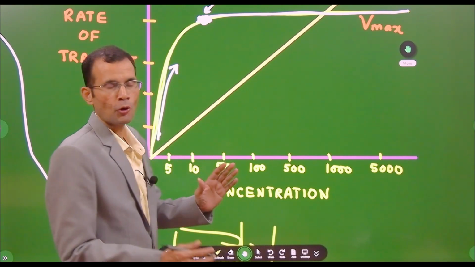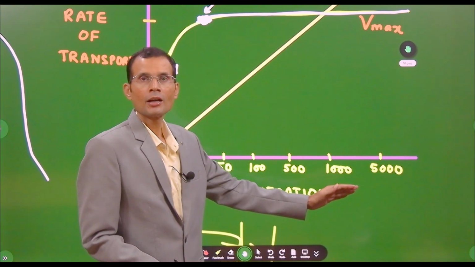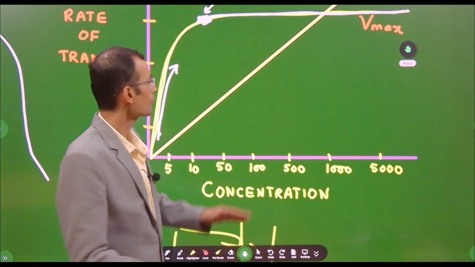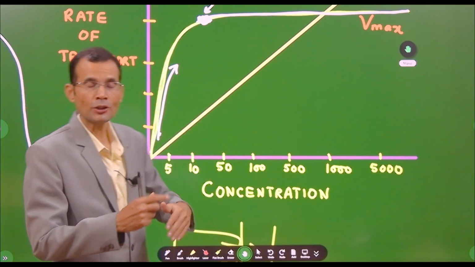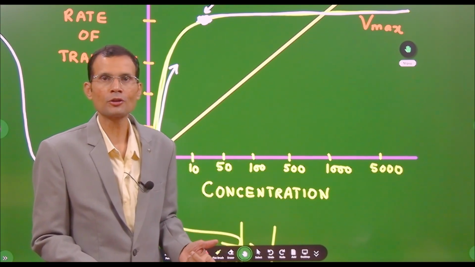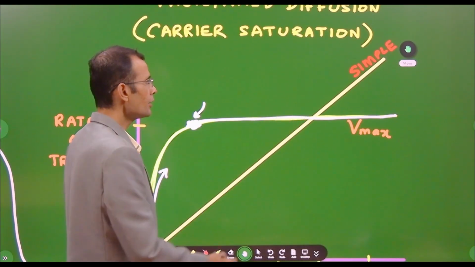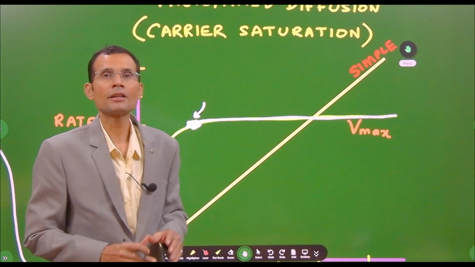The graph is plotted for the concentration of the substance on one side of the membrane, plotted against rate of transport of that substance, how it increases or what happens to the rate of transport. The graph compares simple diffusion with carrier-mediated transports.